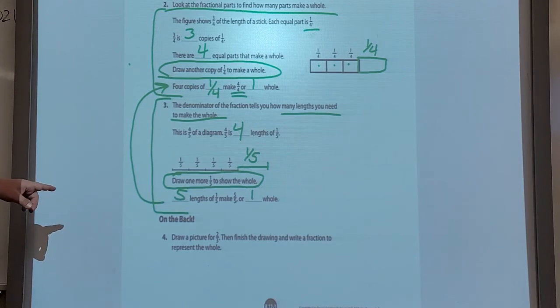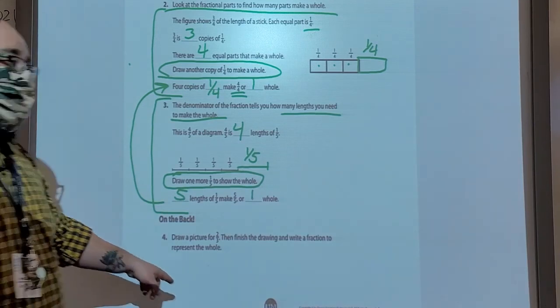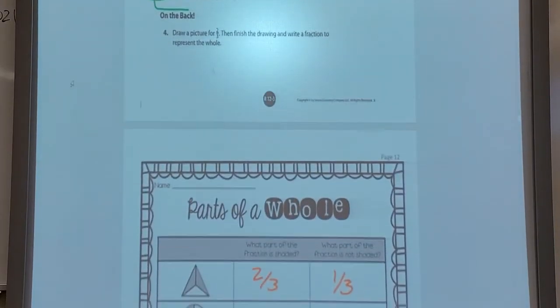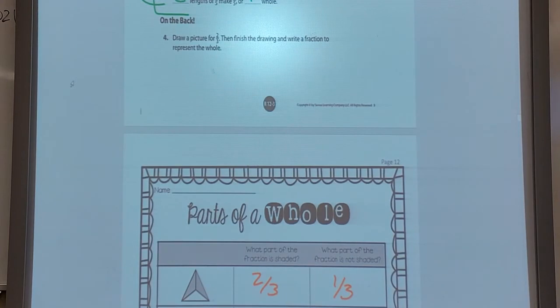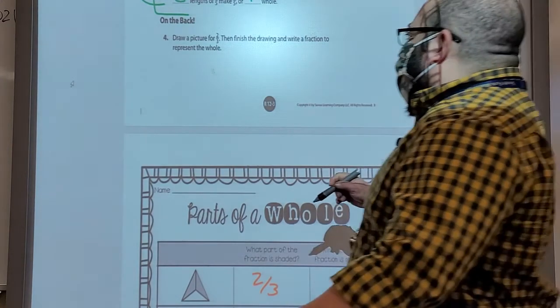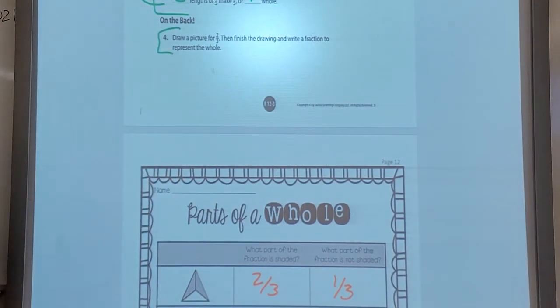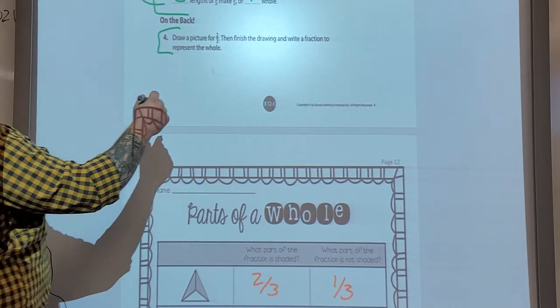Okay. Now, it says on the back of this one, it says draw a picture. Now, you could do it on the back or you could do it right here on the page. It says draw a picture for 2/3, then finish the drawing and write a fraction to represent the whole. Did anybody get to that one? Anybody do that one? Good, Ariana, you did that one? Draw a picture for 2/3.